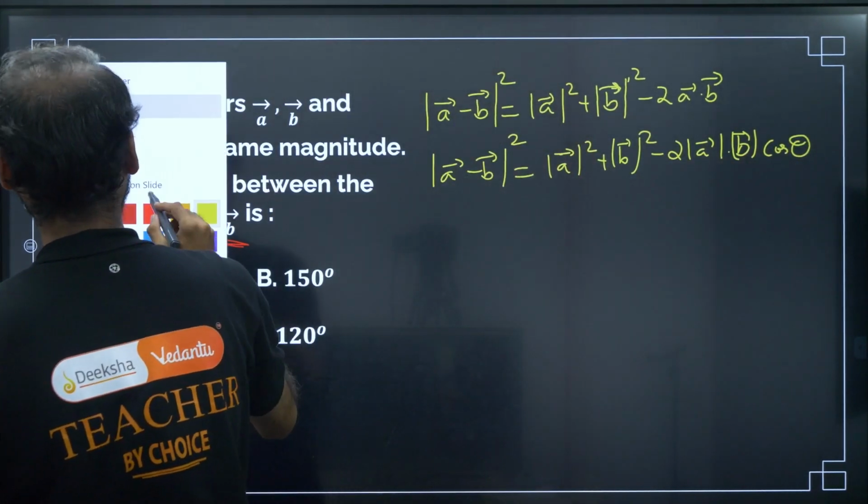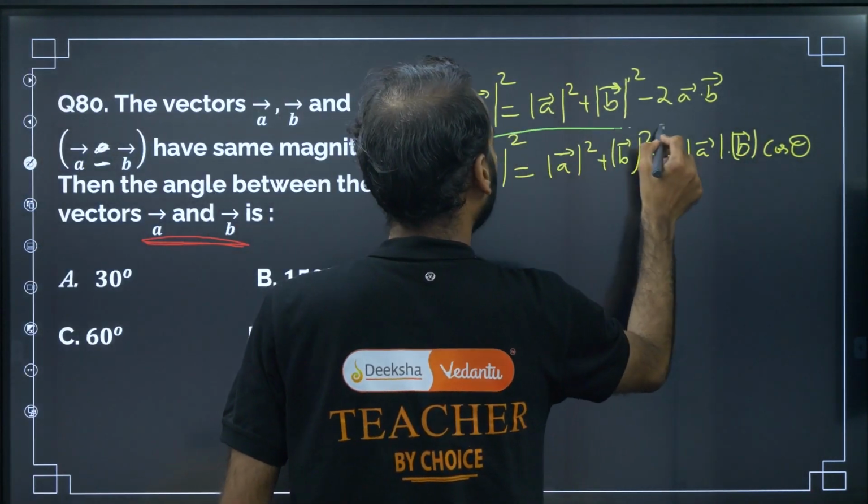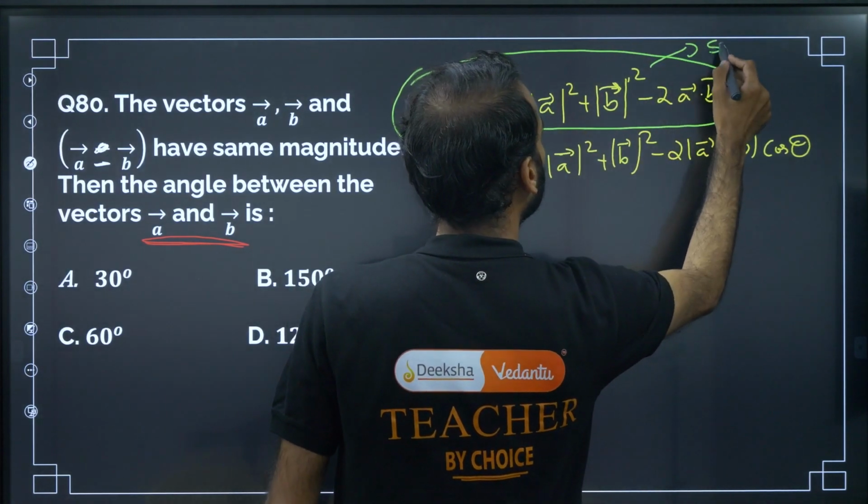So if you want, you can take this as synopsis point. Proof and everything is already there in the synopsis.